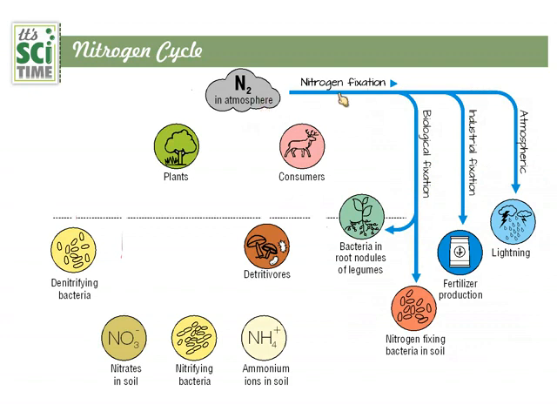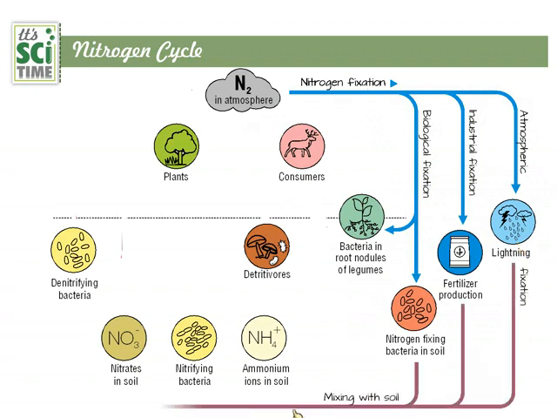That process can be described as the atmospheric fixation of nitrogen. After this fixation, all these nitrates get added to the soil, mixing with the soil. Now there are nitrates in the soil that came from three ways: biological fixation, industrial fixation, and atmospheric fixation.